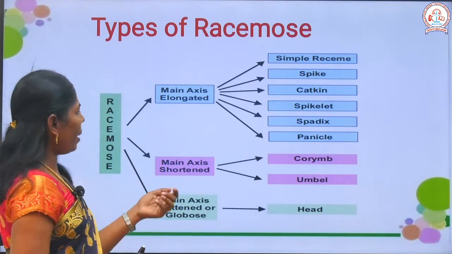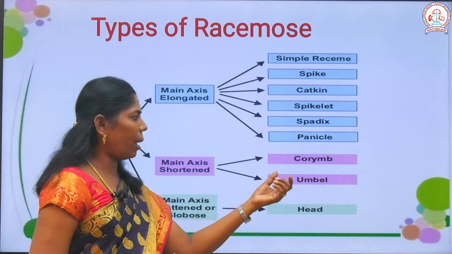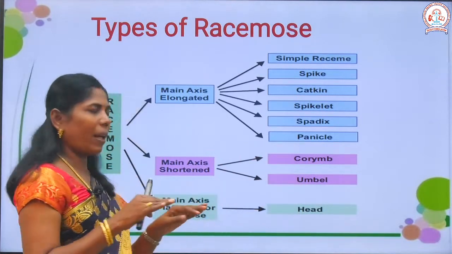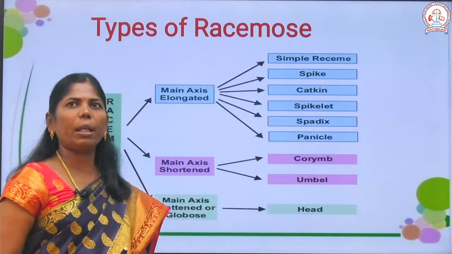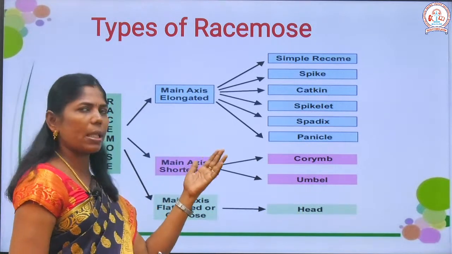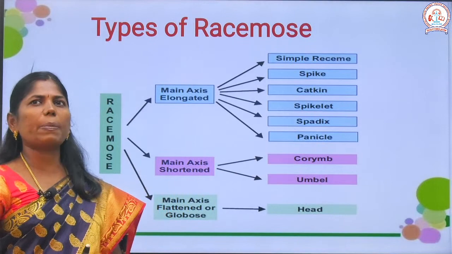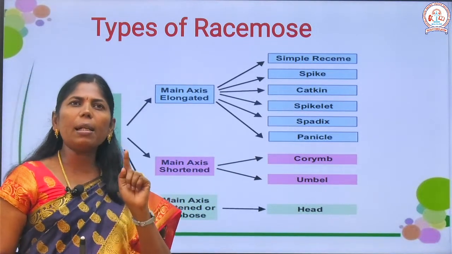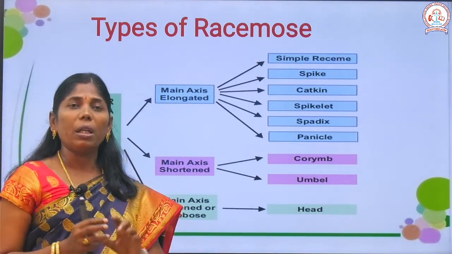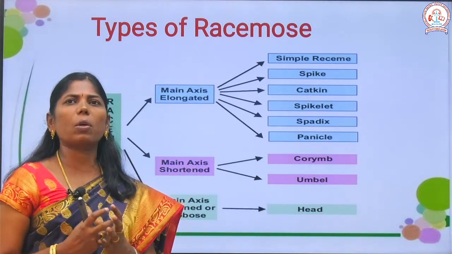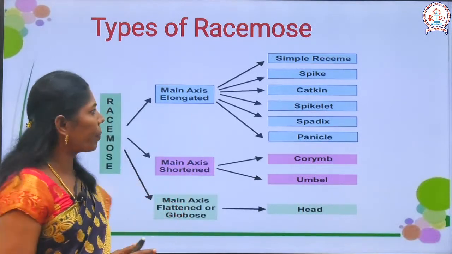Main axis shortened is corymb and umbel, and main axis flattened is the head inflorescence. If it has a single axis, that is a simple type. If it has many branches, that is called a compound type.